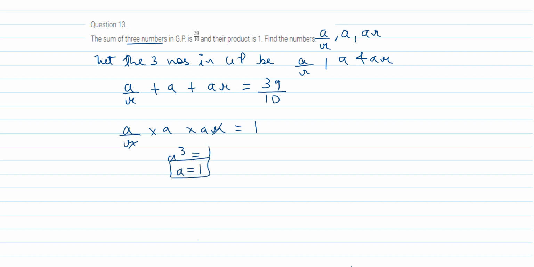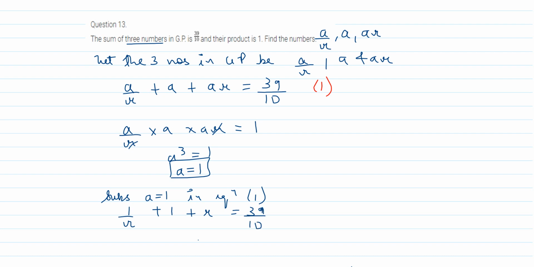Fine. Can I substitute this in the above equation, that is equation 1. So substituting A is equal to 1 in equation 1, I get 1 upon R plus 1 plus R is equal to 39 upon 10.